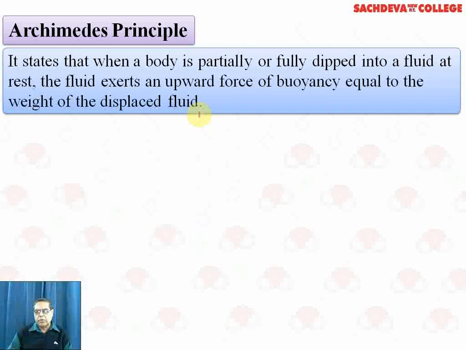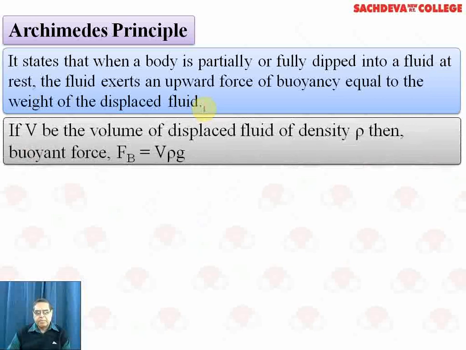In the earlier portion, I explained that whenever a body is partially or fully immersed, there will be a buoyant force acting on the body, and that is equal to the weight of the displaced liquid, and that is what is stated by Archimedes. If V is the volume of displaced fluid of density rho, then the buoyant force FB is V rho g, where V is the volume. Volume is area of cross section into length.